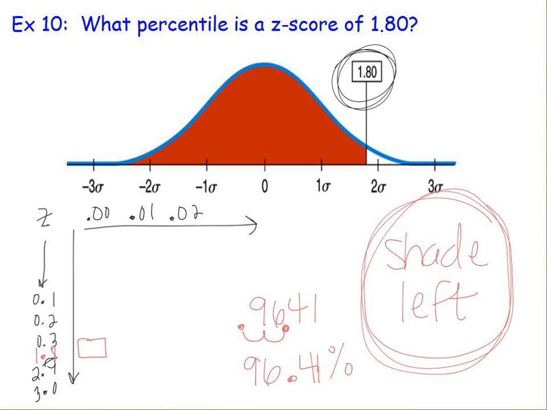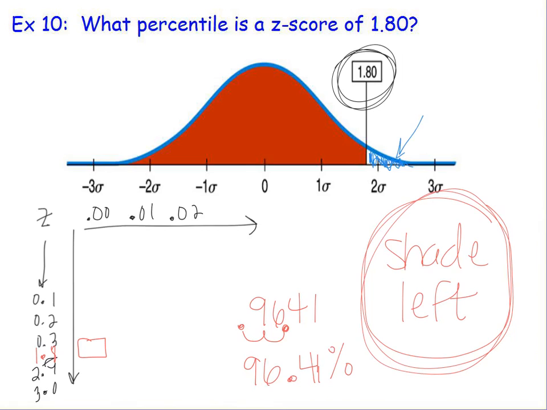Now, if it's shading to the right, let's say, for instance, I was shading over here to the right. Hypothetical situation: what did I tell you the entire graph adds up to? I told you 100%, and 100% is the number 1.